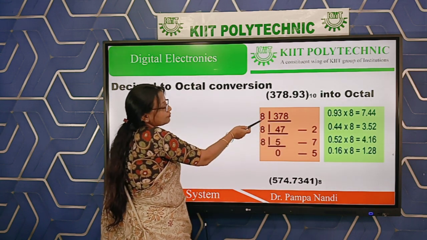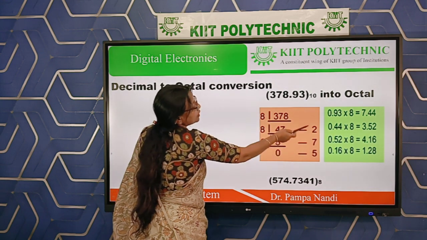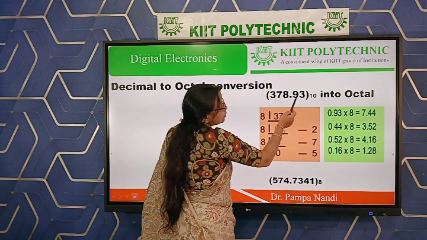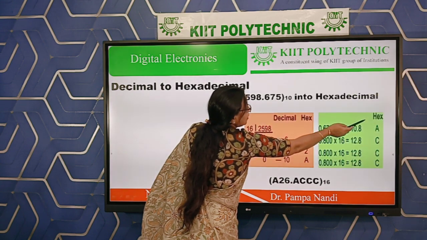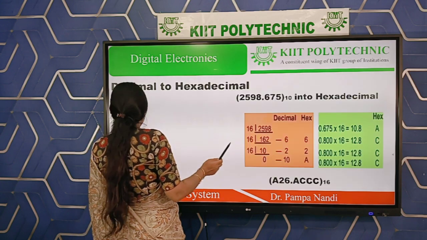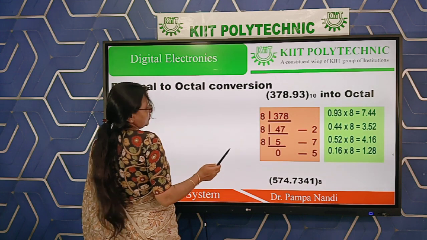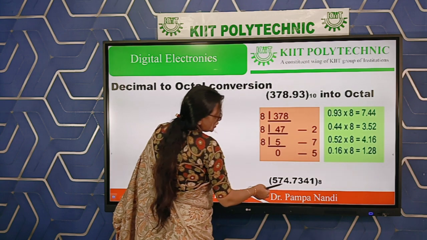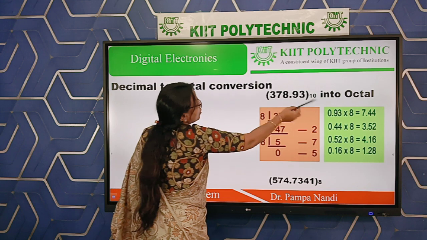Integer, now we are dividing by 8, keeping the quotient and the remainder here. Also in the fraction we need to multiply by its base, keeping only the integer portion, and we are getting like this. So this is the decimal to octal conversion.